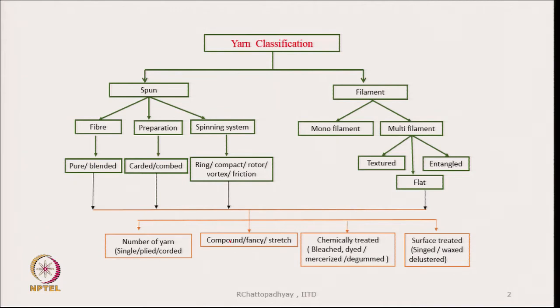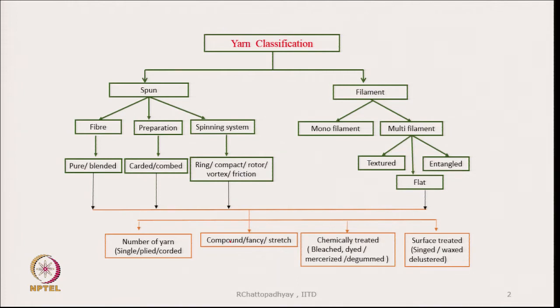Similarly, the surface of the yarn can be treated to give different physical characteristics, like we can have singed yarn, we can have waxed yarn, we can have delustered yarn also.